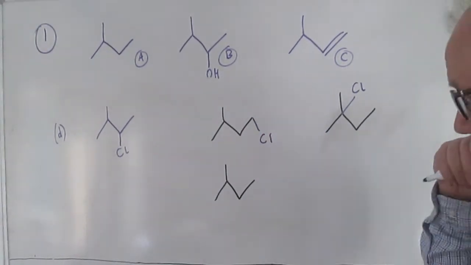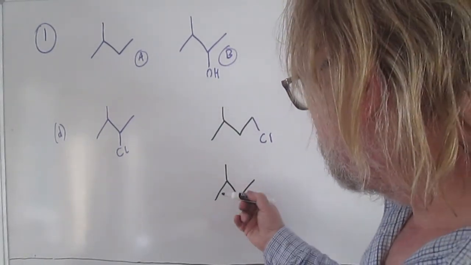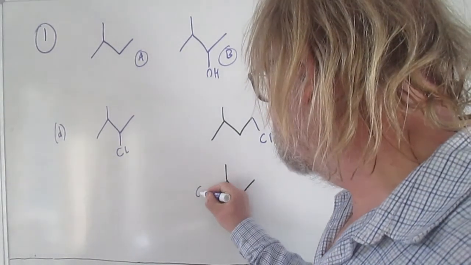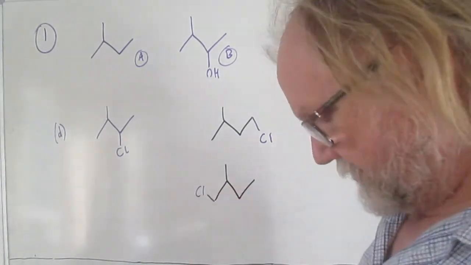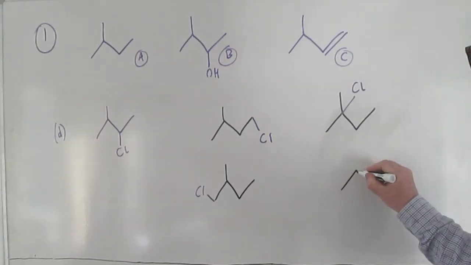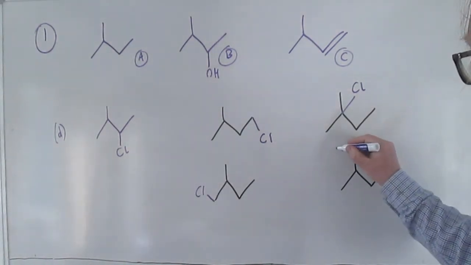Let's draw them both down so that you can see that that's the case. So if we substitute here, we would get this compound, and if we substitute up there, then we'd get this compound.